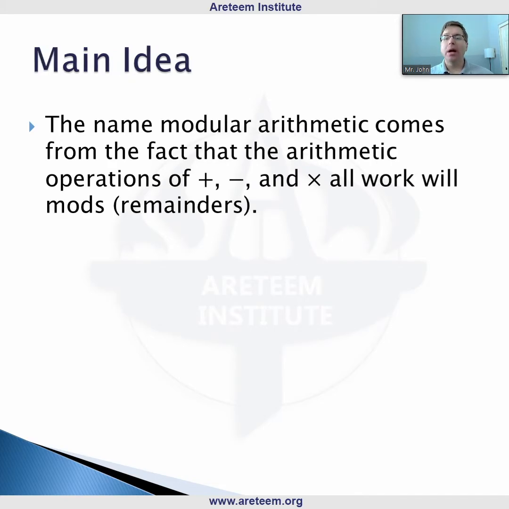This is really where the name modular arithmetic comes from. Two words there, modular and arithmetic. Arithmetic is telling us that these arithmetic operations like plus, minus, times, and division, which is a little bit spooky, so let's not focus on that one too much, but adding, subtracting, multiplying, they all work when we're doing mods.